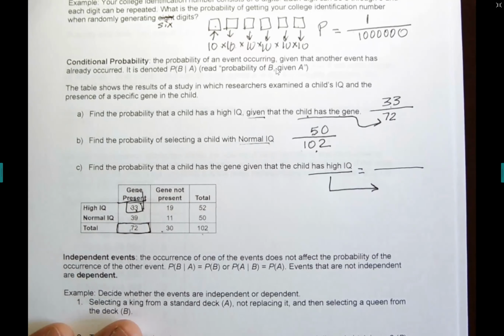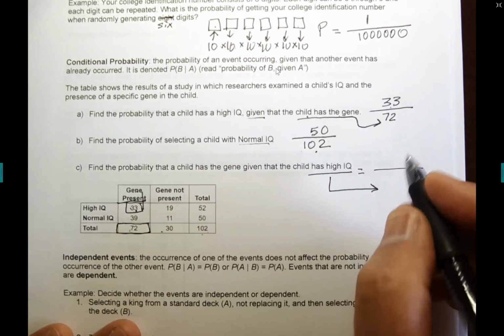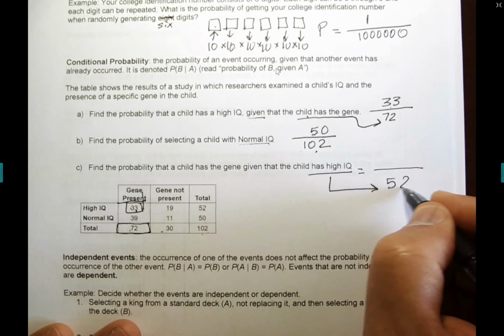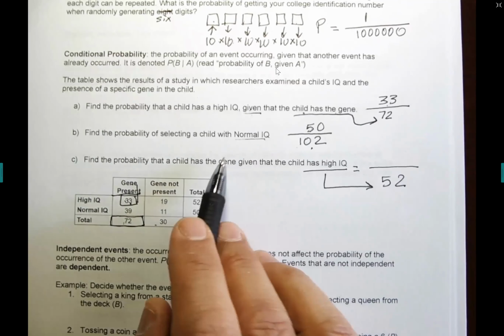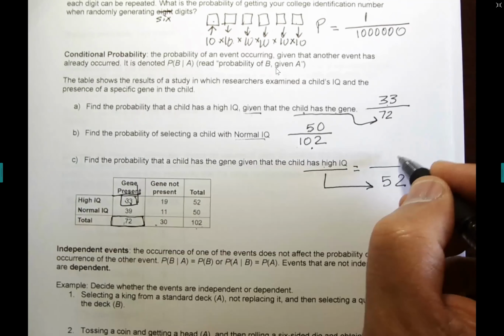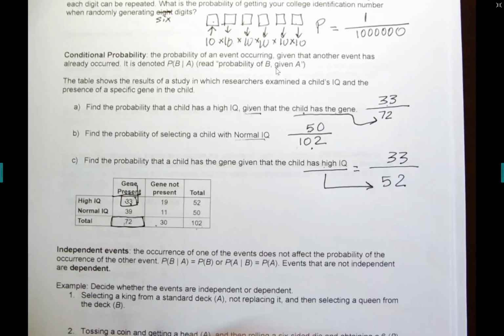The grand total of the high IQ, which is what? 52. And now the intersection between gene and high IQ, which is the same thing, 33. So it is 33 divided by 52. Exactly.